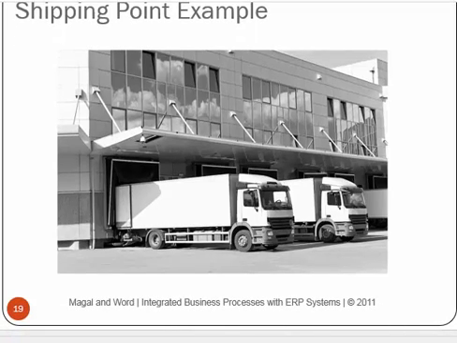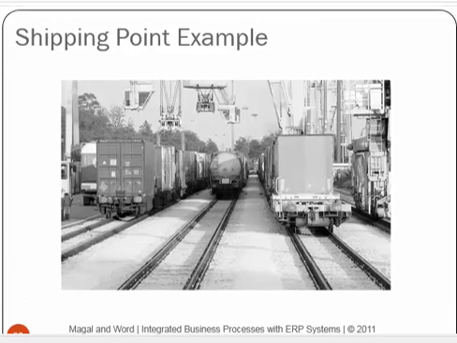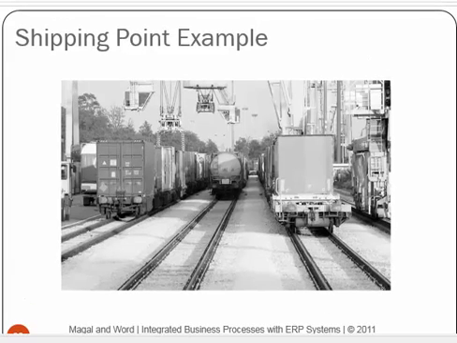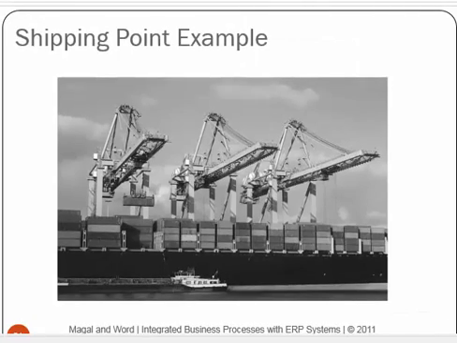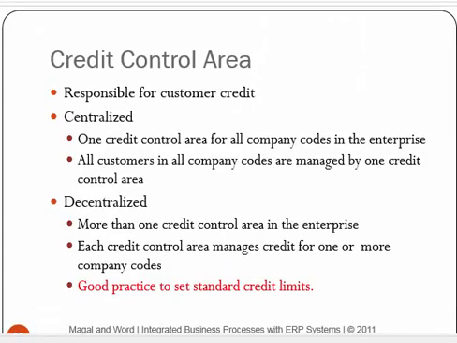These are just like pictures to make you remember what a shipping point is. As we said, close to a loading dock, close to a railroad, close to a port, close to an airport.